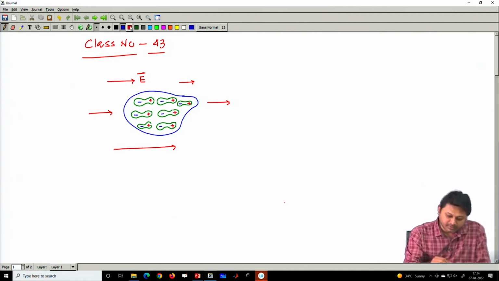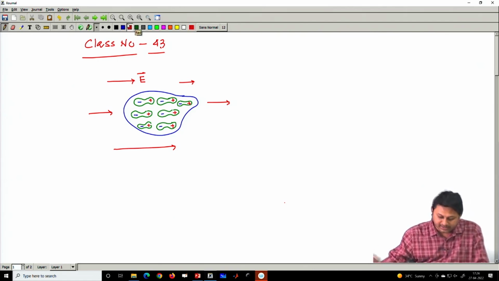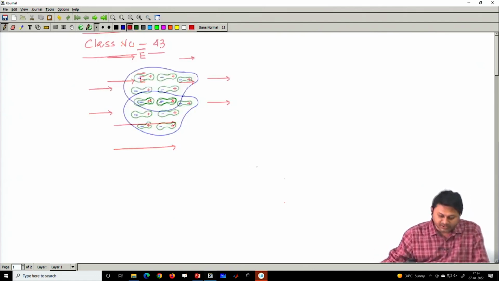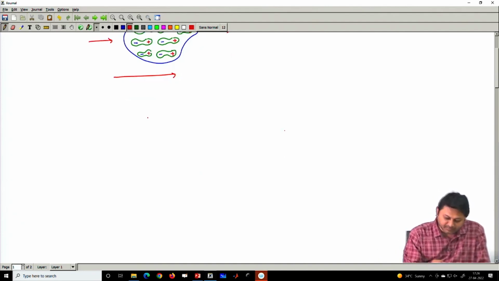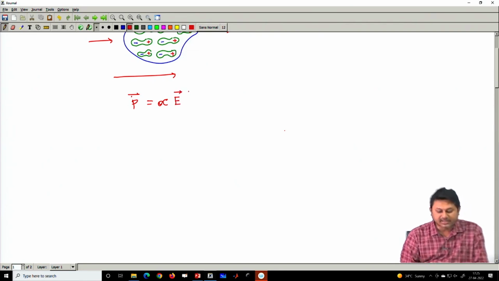Now we know that this quantity has a property called polarization, which is the dipole moment per unit volume. That polarization P is proportional to E. I can write the proportionality constant as alpha, and the relationship between the electric field and polarization can be written in this way.